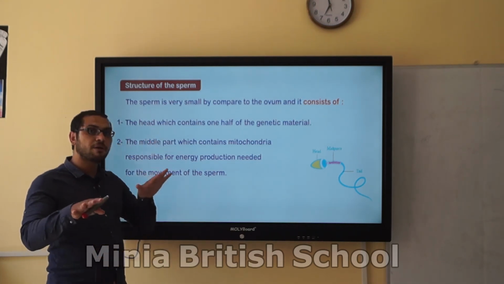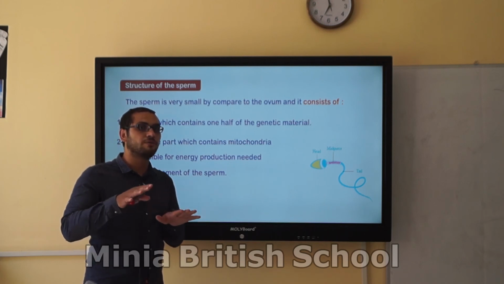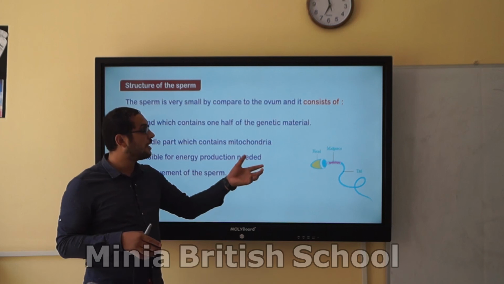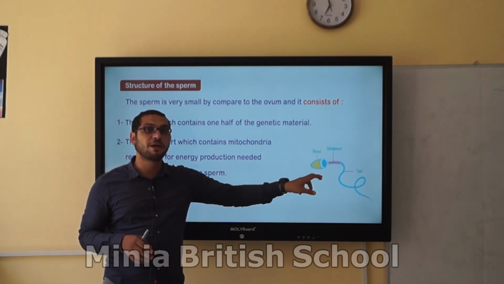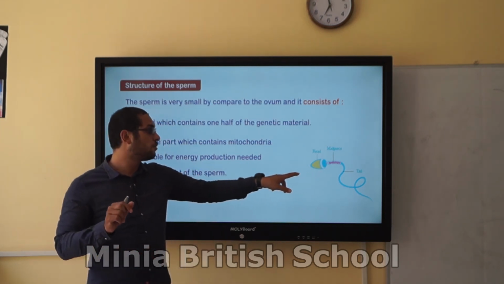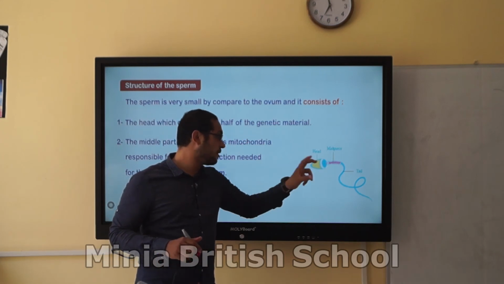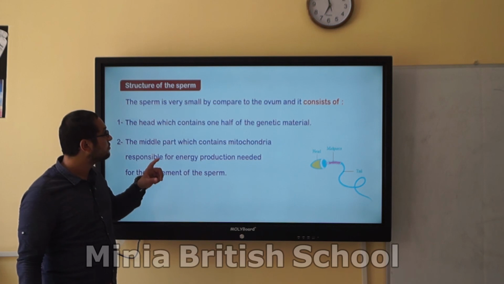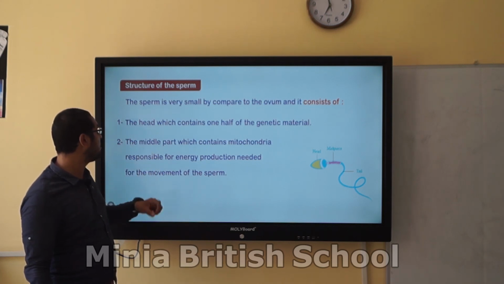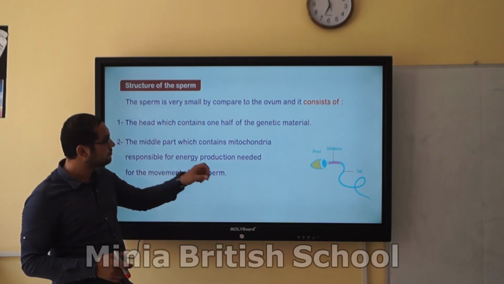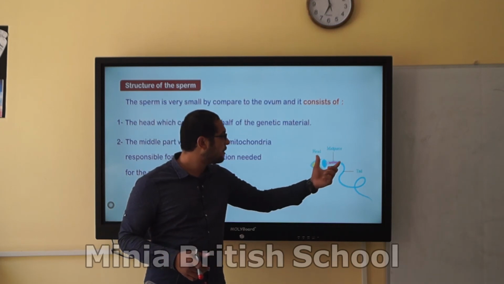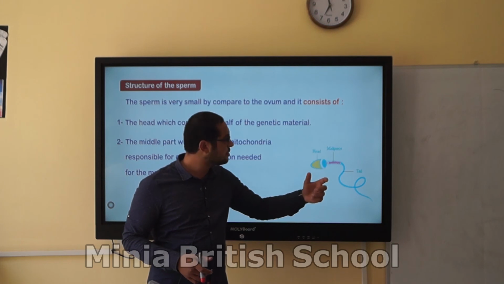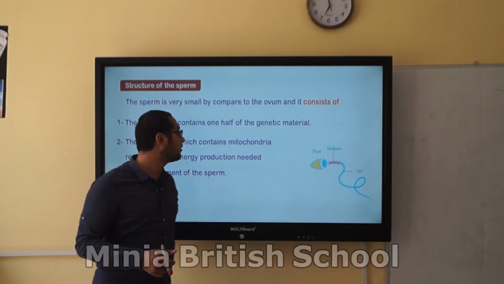But if you compare the size of the sperm and the size of the ovum, you will note that the sperm is much smaller than the ovum. It consists of the head, the middle piece, and the tail.